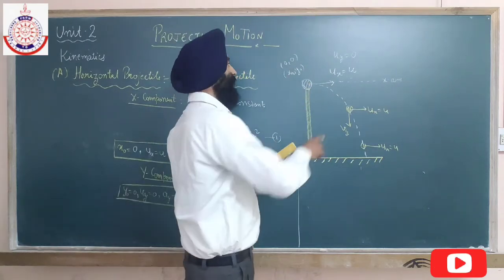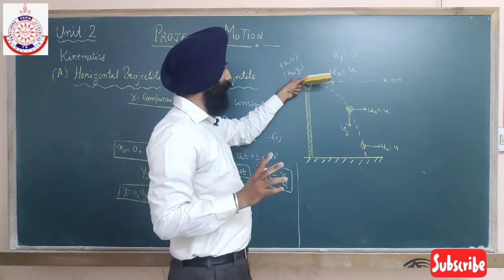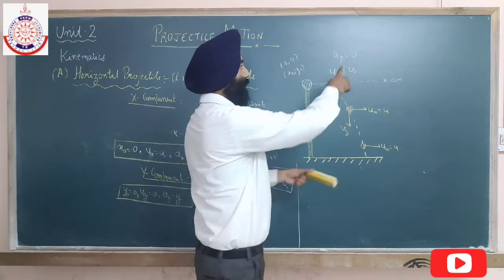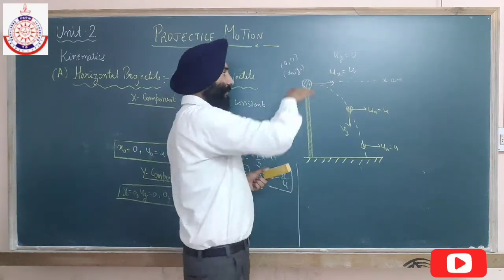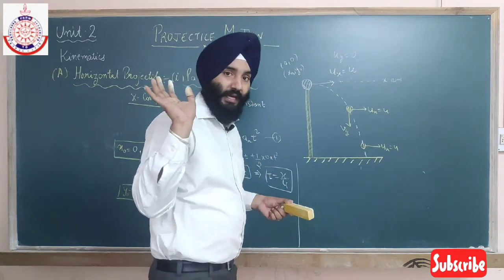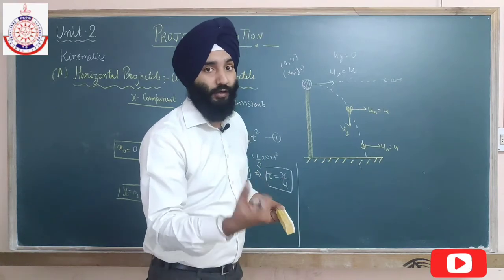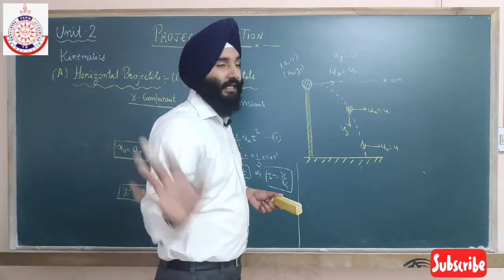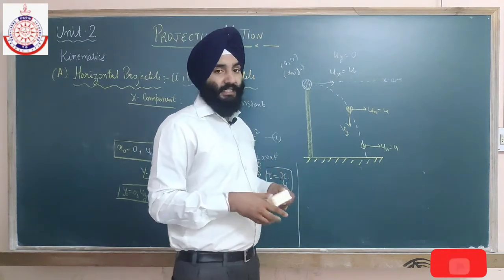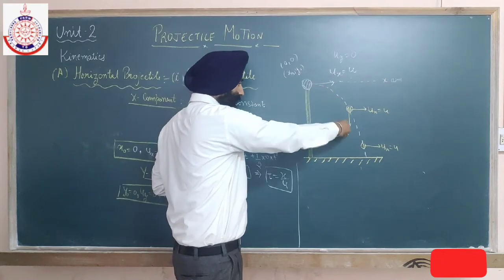It means initial velocity along the y-axis is 0 because I am giving the velocity only in the x-axis. So the y component of velocity is 0. It means the body will come downward under the effect of gravity. It means बच्चे vertical velocity जो भी आएगी it is because of the action of gravity only. It means initially the velocity is given in the x direction, and the value of the velocity component along the y-axis changes.